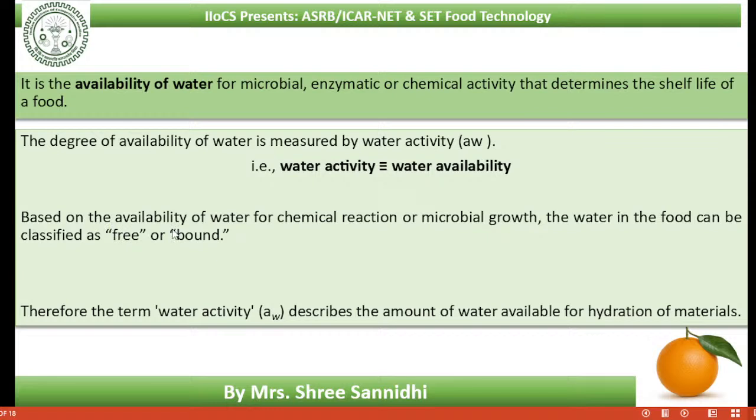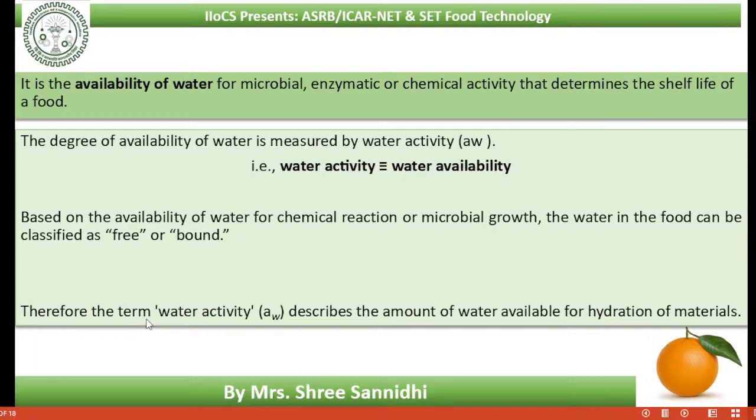Based on this availability of water, we have classified the water as free and bound water. We have studied this in the previous chapter, right? So free and bound water. Free water is the one which is available for any microbial growth or chemical reactions, and bound water is the one which is bound to other components of the food and they are not available for any chemical reactions or microbial growth.